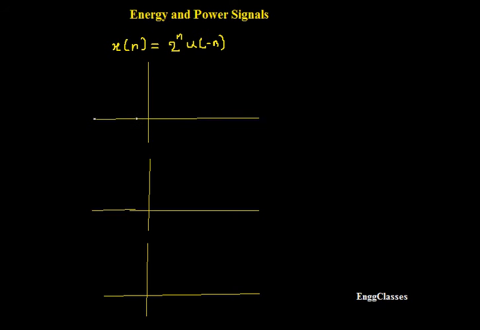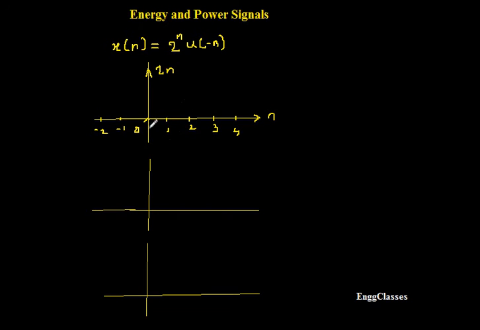Okay, so now first let me sketch 2 to the power n. This signal I call 2 to the power n with respect to n. So n takes discrete values, that is 0, 1, 2, 3, 4 and so on, and it takes negative values as well, that is minus 1, minus 2 and so on.